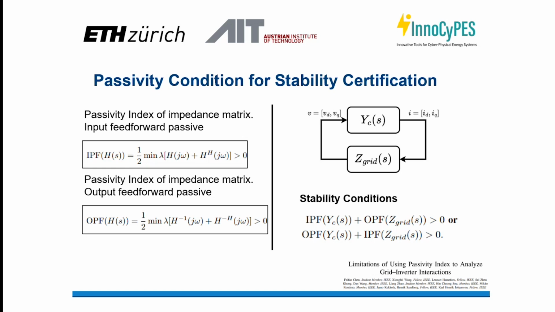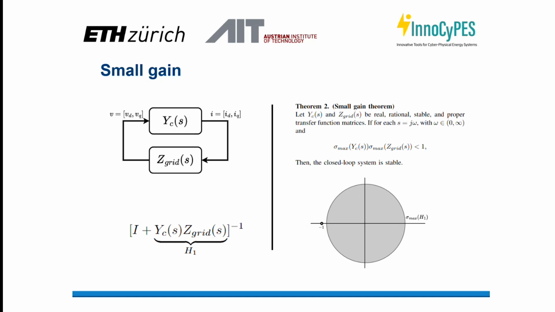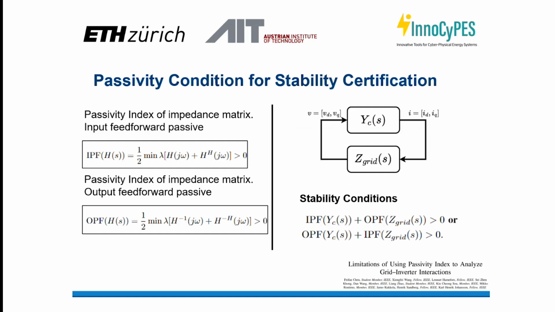So if this doesn't meet the condition, but it has something that we can call an excess of passivity, the condition for stability can be met. And so this is, all in all, passivity conditions.